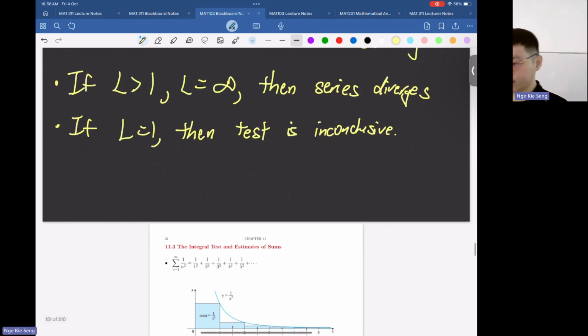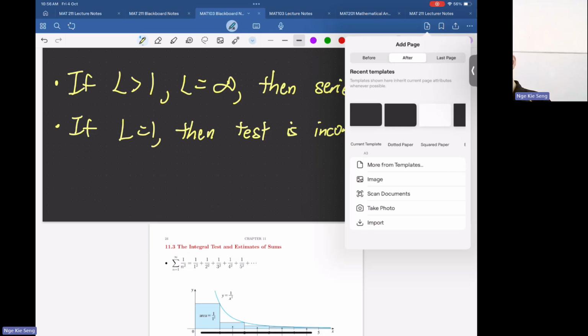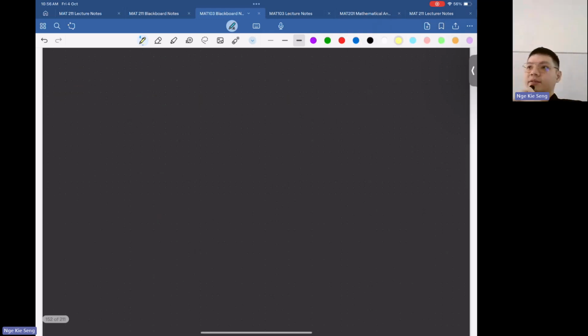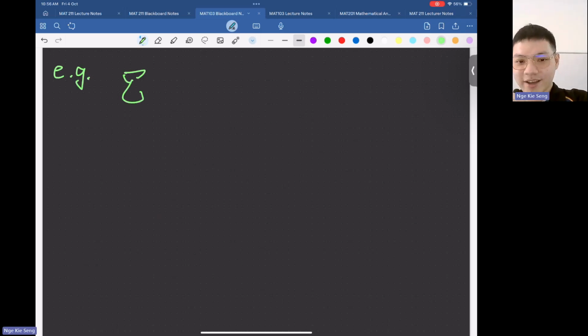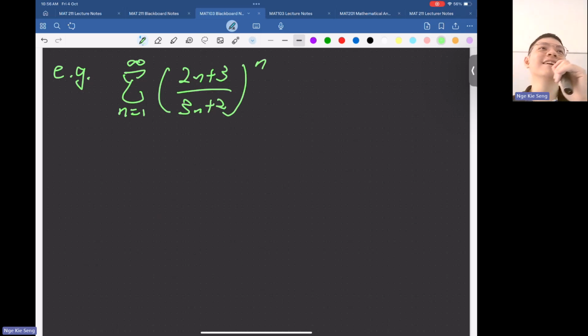So let's use this test. You might think, what example can we compute the n-th root of? So we will make a tailored example. Look at this complicated series here. How complicated is it? Simply, we add an n power to it.